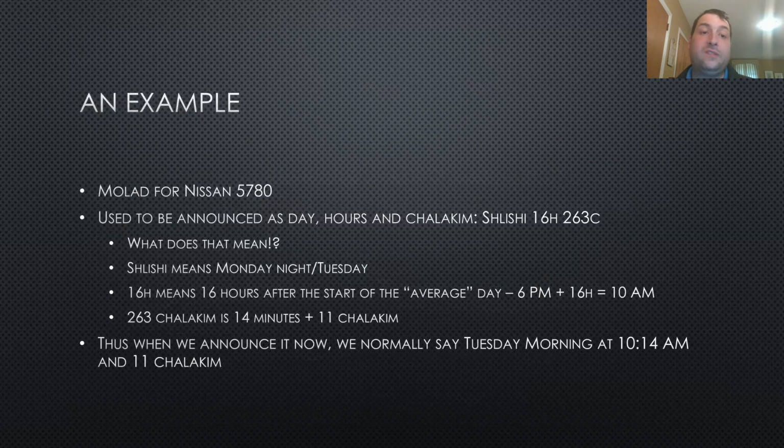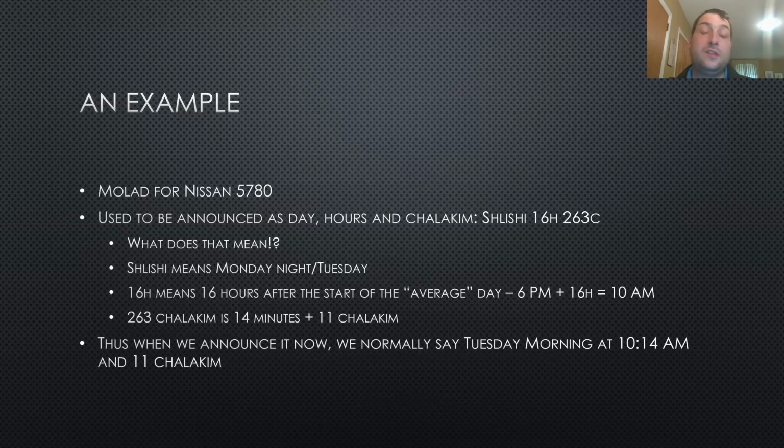And so what we announce in Shul is a very idealized form of when that happens. So for example, this month, we announced it by saying Shlishi 16/2/63, which meant Monday night or Tuesday, that's the third day. 16 hours means 16 hours after the start of the average day. But when does the halachic day start? It actually starts in the evening.